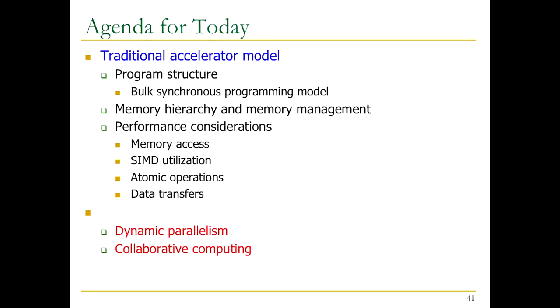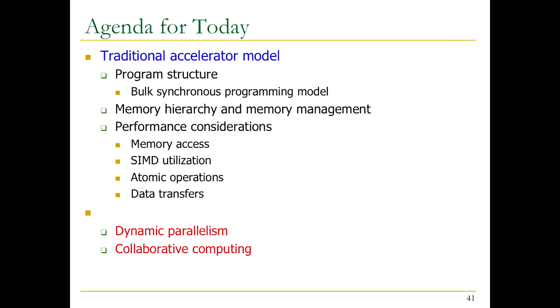So this first part about the traditional accelerator model is going to be divided into essentially three main sections. In the very first section, we will see how the computation is organized. You will see that we are going to review all the concepts that have been explained in the previous part of the lecture, but now the focus will be more on how to program the GPU to take advantage of these capabilities.